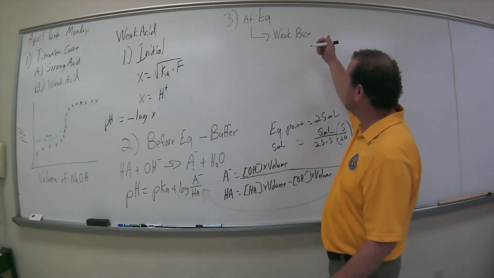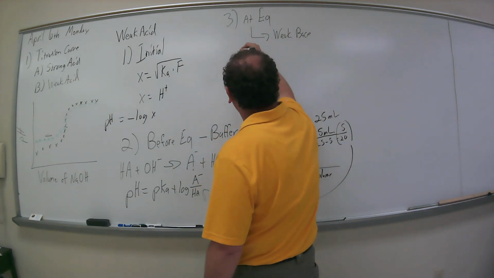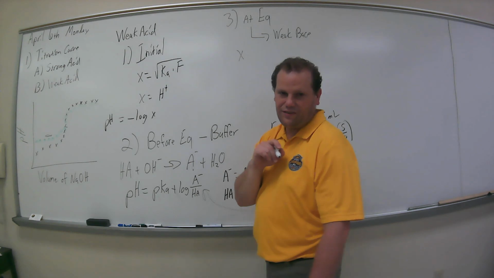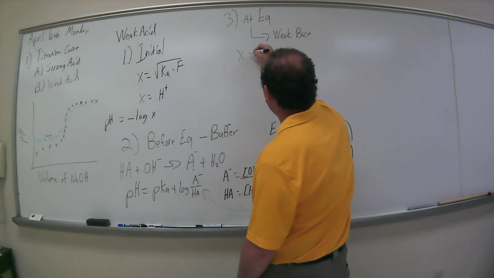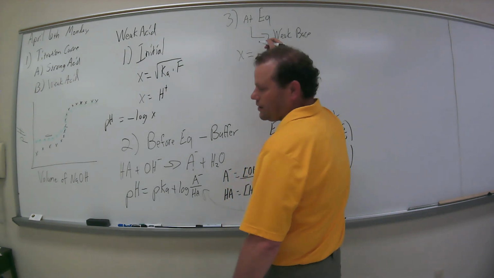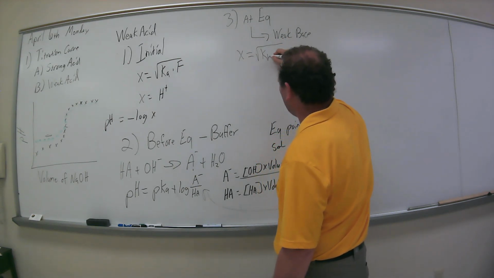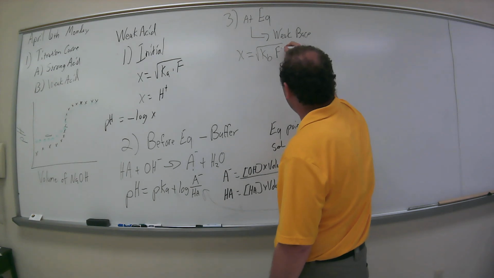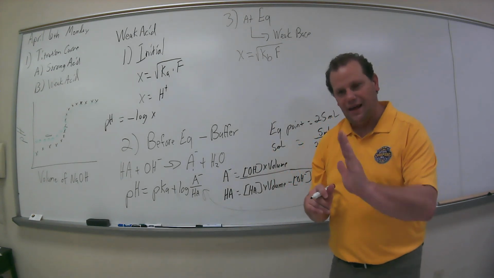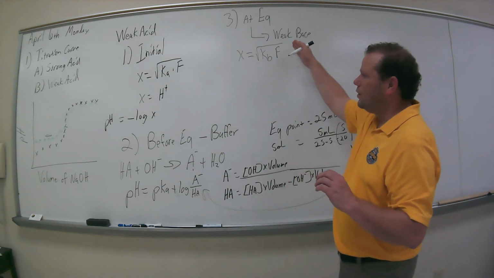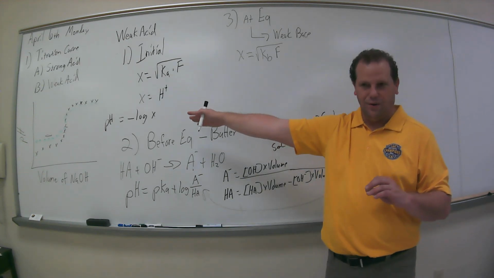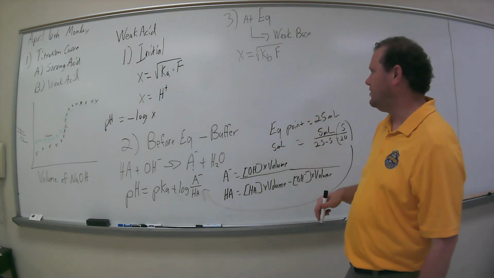So what we can do is think about our shortcut type equations. For a base, our X is going to be our OH, but it's still the Kb, because we're talking about a base problem, over the formal concentration. Now this formal concentration is not what we started with in terms of the acid, but what's the concentration now.